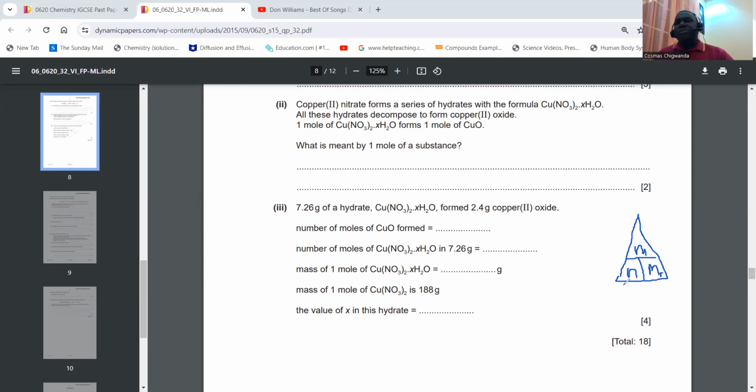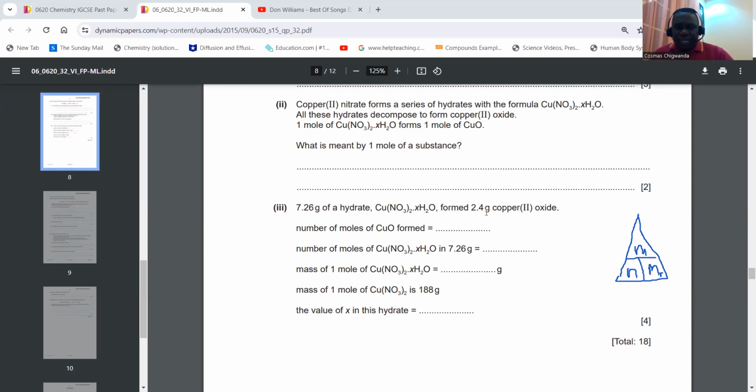This little triangle summarizes all the 3 formulae that are important for this particular question: mass, number of moles, relative molecular mass. We are now being asked to find the number of moles. Number of moles, according to this small triangle, is the mass given over Mr.